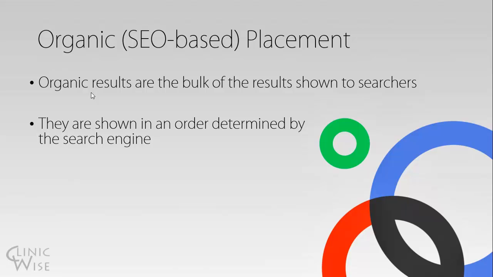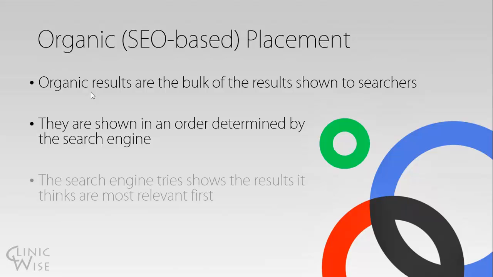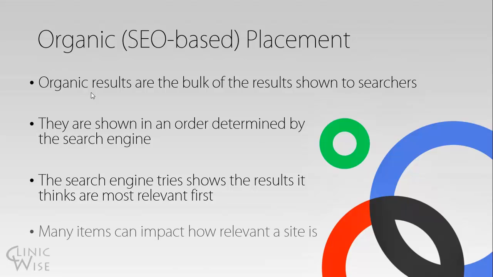The search engine determines what order they appear in and which ones get priority. Google will attempt to show the links it believes are most relevant first. Relevant in this case refers to which result it thinks will be the most helpful to the searcher based on the terms they searched for. It does this by comparing each website against every other website to see which has more relevant points.